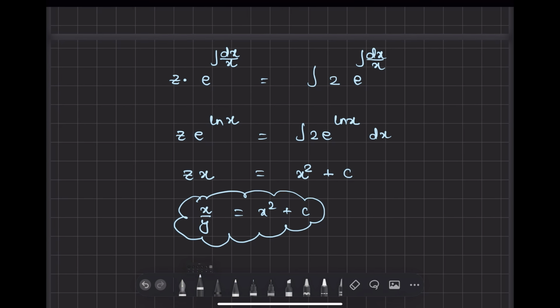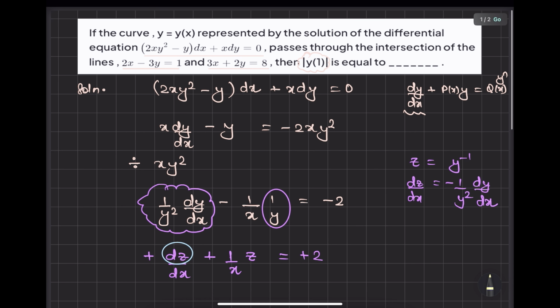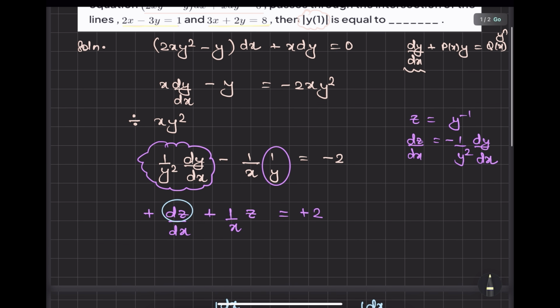So this is our function. Now what is given? They have given some data. Our curve is passing through the point of intersection of these straight lines. So let's solve those two straight lines. If you observe, we will apply the elimination method. We will eliminate x. For that we will multiply 3 to equation 1.